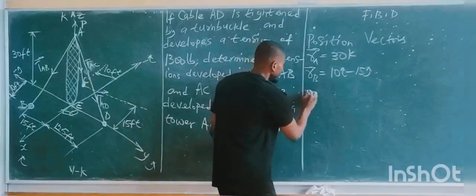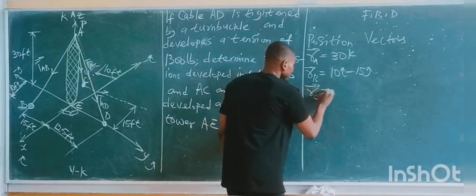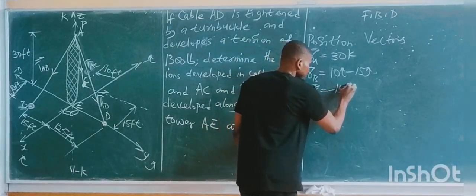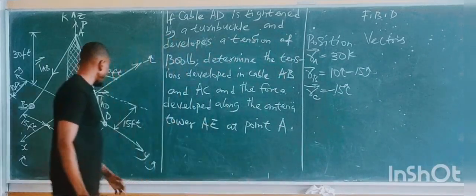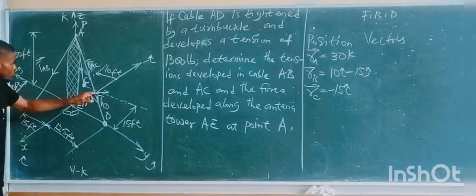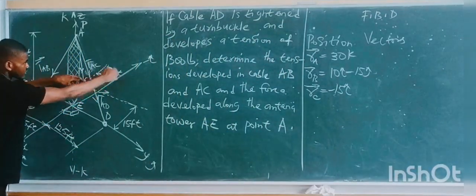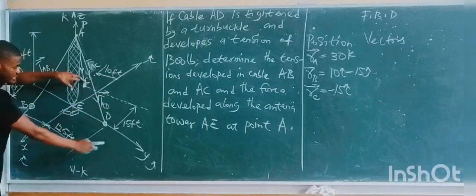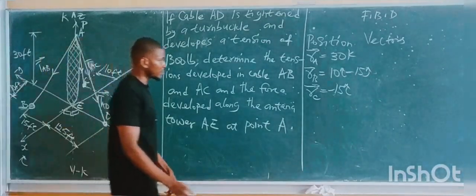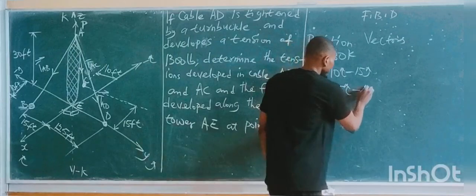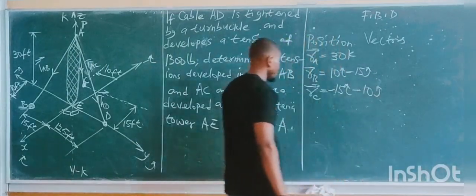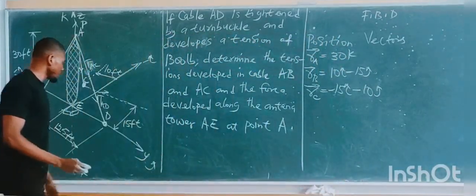So RC is actually minus 15I, and then at this point, you also move backward to point C, covering this distance, 10 feet backwards, so it's negative J, minus 10J. So that's the position of point C.